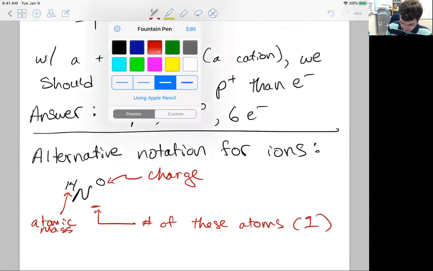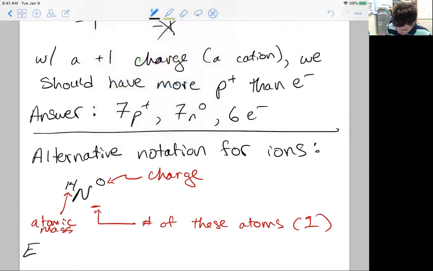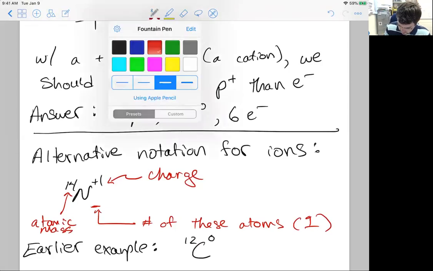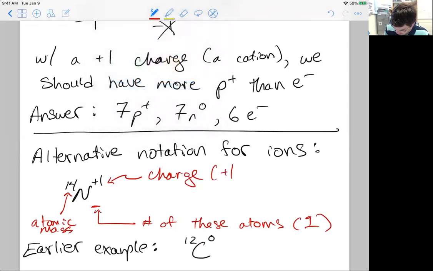Okay, so in our earlier example, excuse me, very sorry, we just looked at nitrogen with a +1 charge. So we put the charge up and to the right, and the atomic mass up and to the left. In our earlier example, where we did have a neutral element, we would have carbon 12 up and to the left, 0 up and to the right.